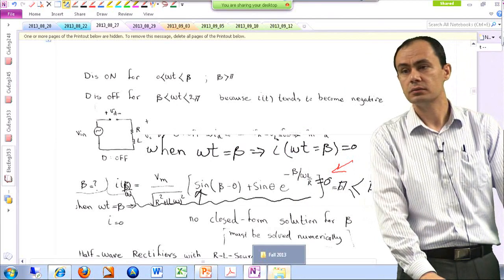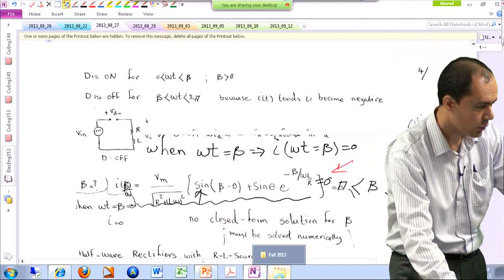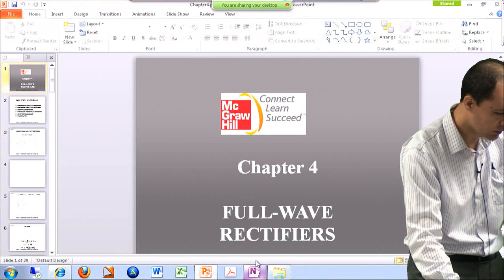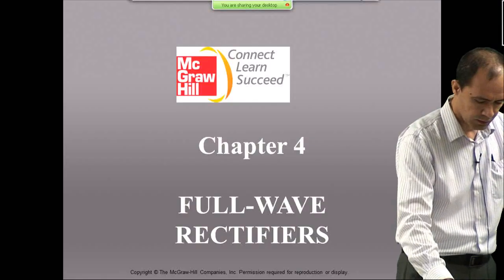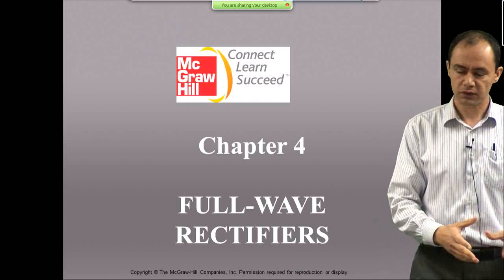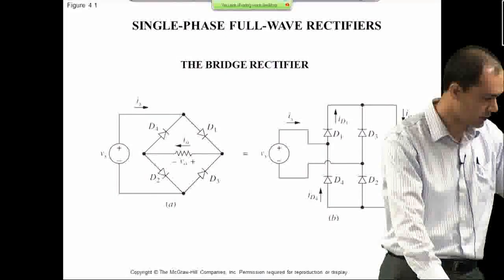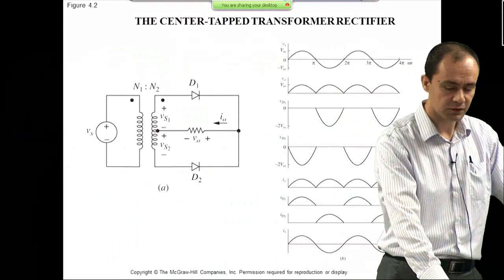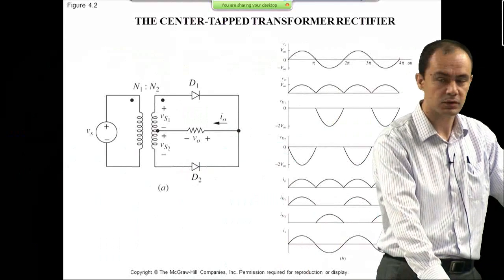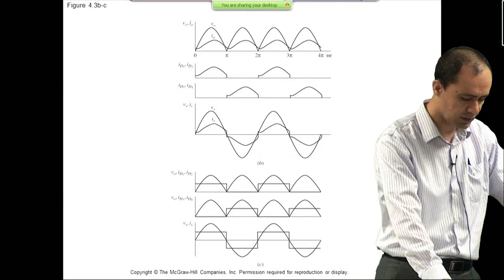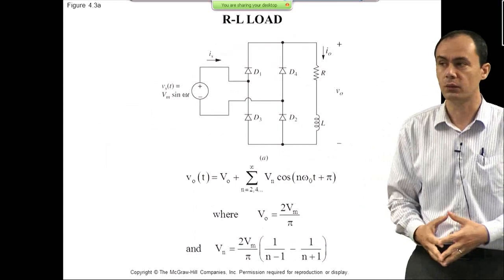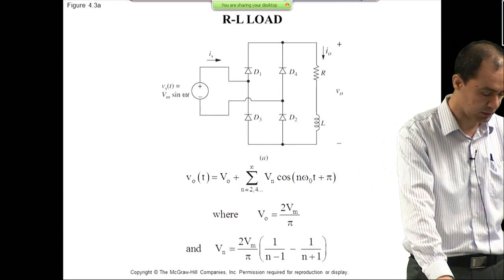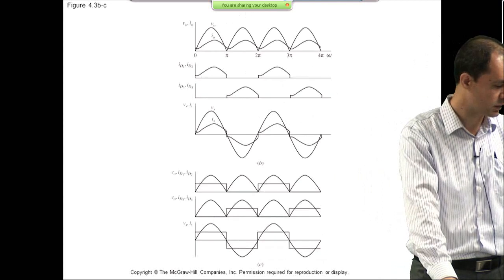Other questions? Okay. So what we did last time was we are still in chapter 4. Chapter 4 covers full wave rectifiers, and we started with a full bridge and then a center tap resistive load rectifier, and we expanded that with a resistive load placed in series with an inductive load.